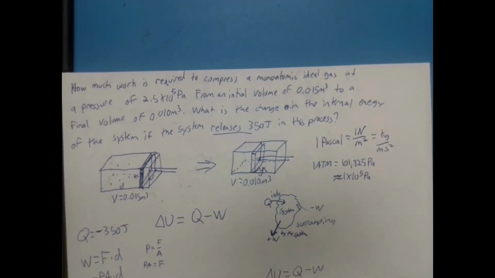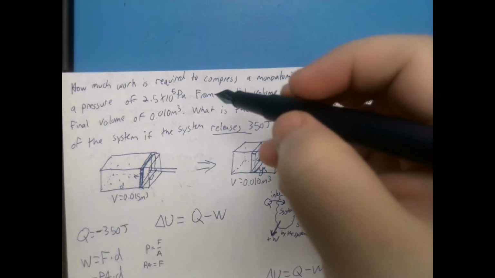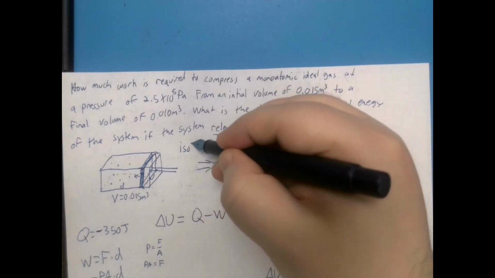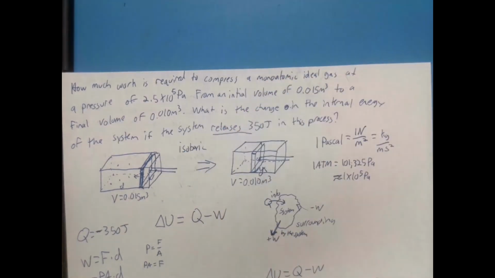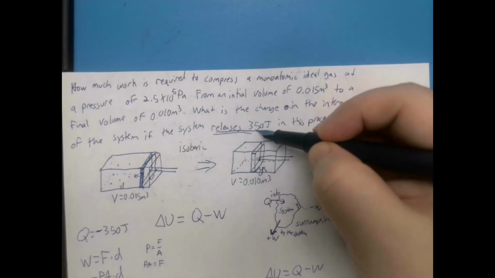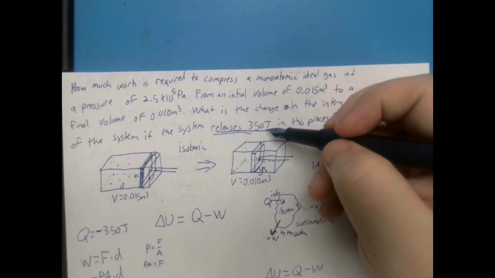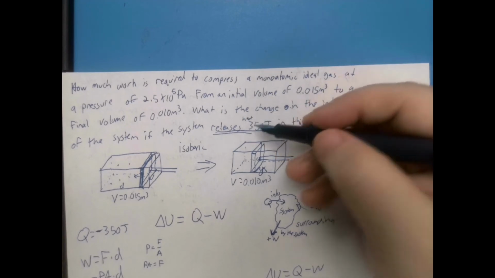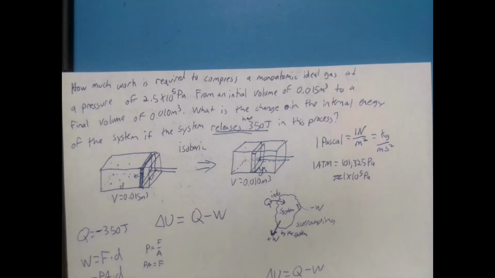So in this problem, it's kind of hard to have seen that this was isobaric. Most problems I give aren't going to be that unclear or ambiguous. The important thing here is it says releases this much joules. If it releases this much joules, that means heat is leaving the system. And heat leaving the system usually causes a change in temperature.